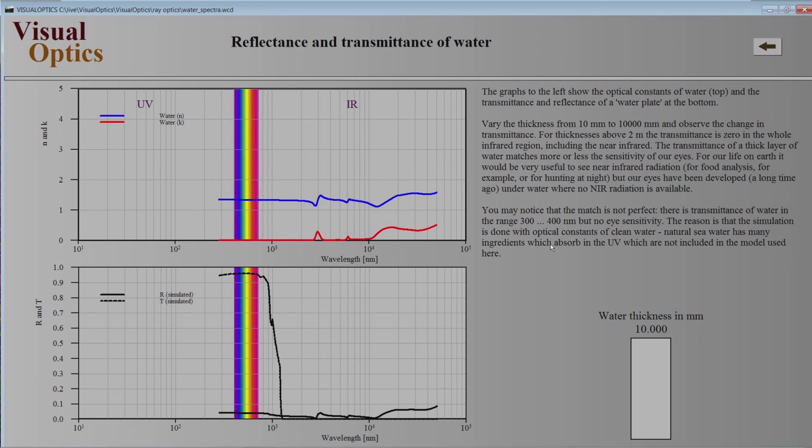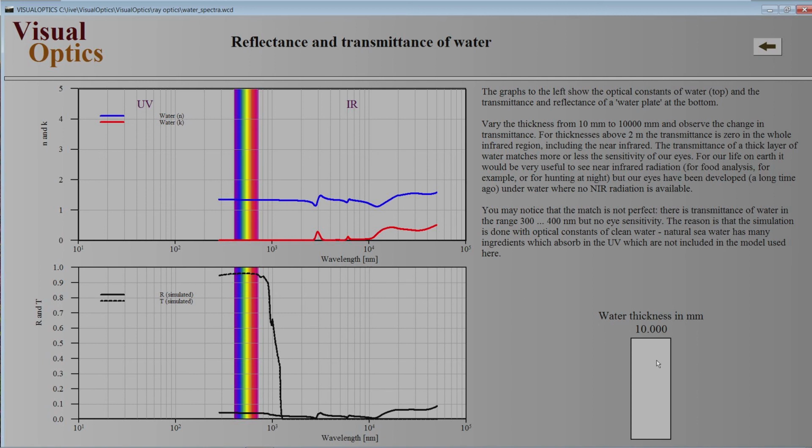I have shown here the optical constants of water, with 1.33 in the visible, almost constant, and small absorption bands in the infrared. So there is strong absorption in the infrared, a little bit absorption in the visible.